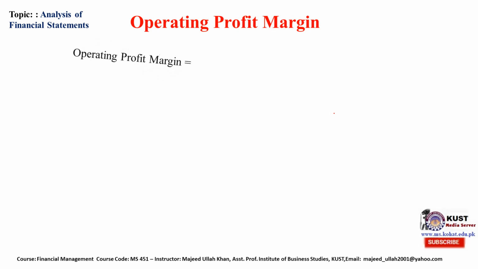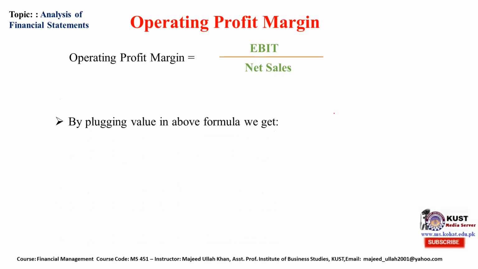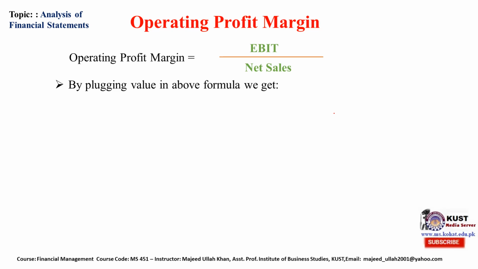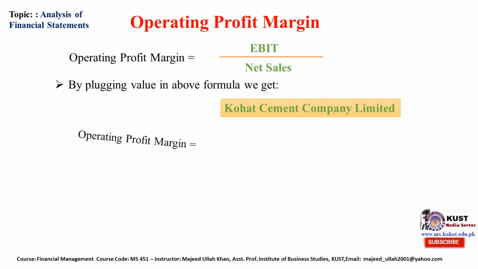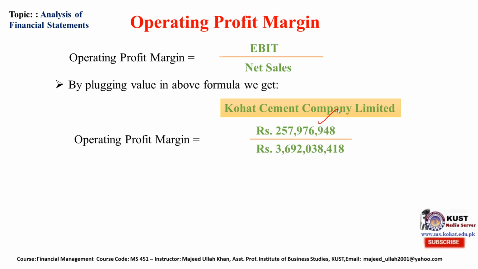Operating profit margin. Operating profit margin is equal to earning before interest and taxes divided by net sales. By plugging the value in the above formula from the income statement of the Quartz Cement Company Limited, we get the operating profit margin, earning before interest and tax divided by sales.